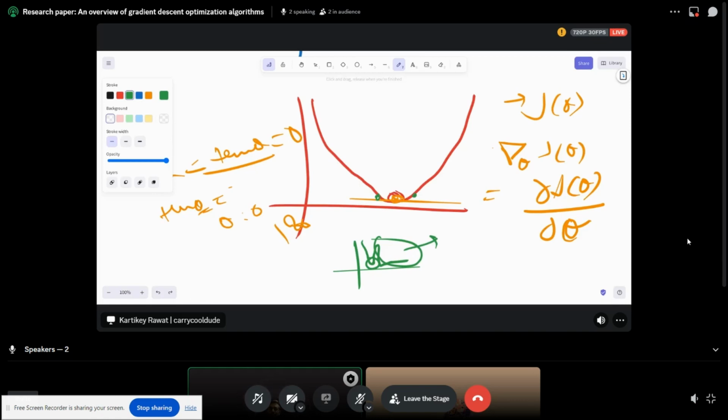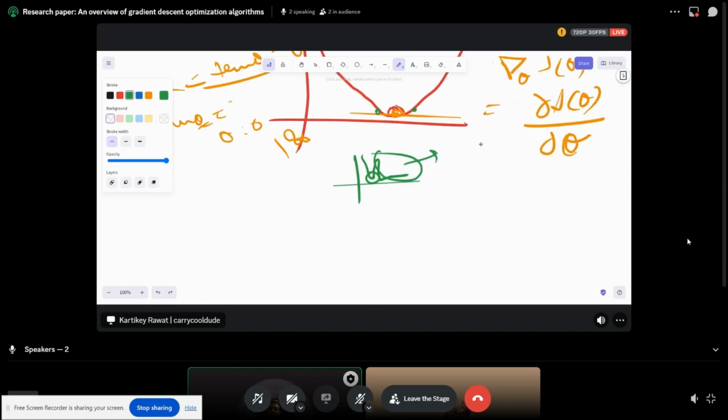Now, let me go down here. So the loss function, or basically the sum of squared residuals, that is the loss function, right? What we can do here: consider initially we have a height of 1.4, minus the calculated height.